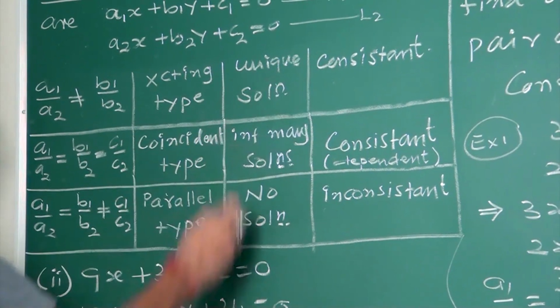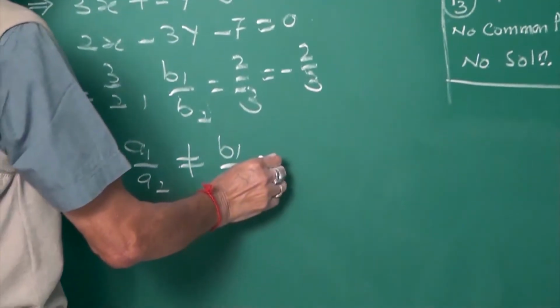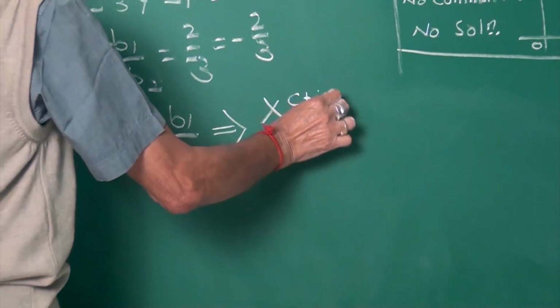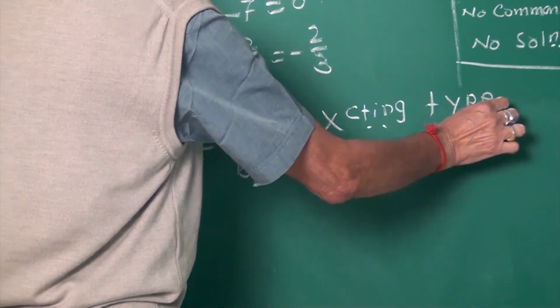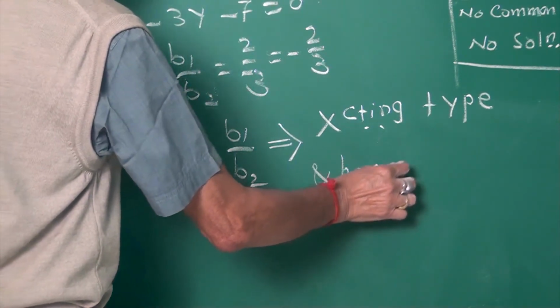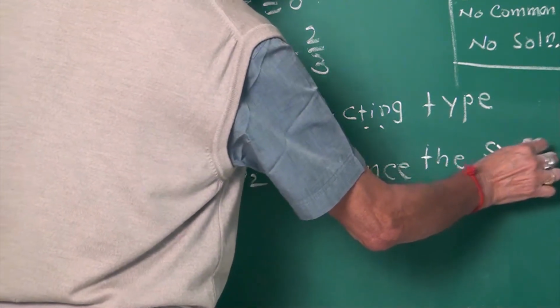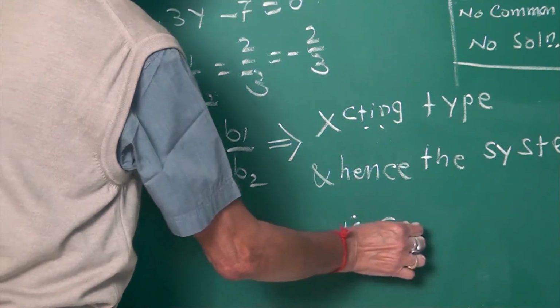Intersecting type, consistent. Intersecting type means the solution exists, and hence the system is consistent.